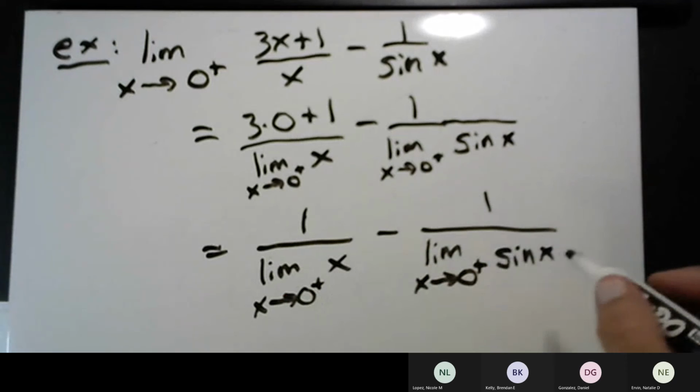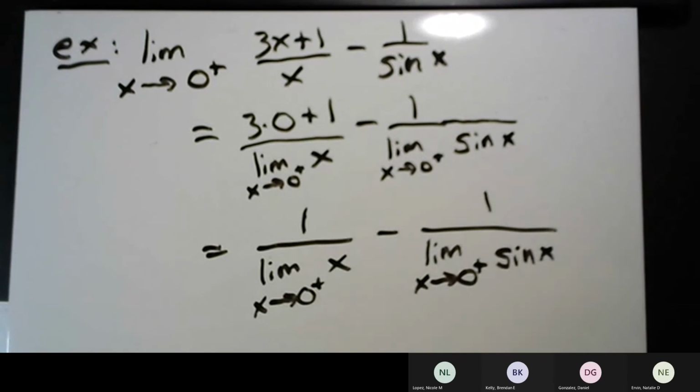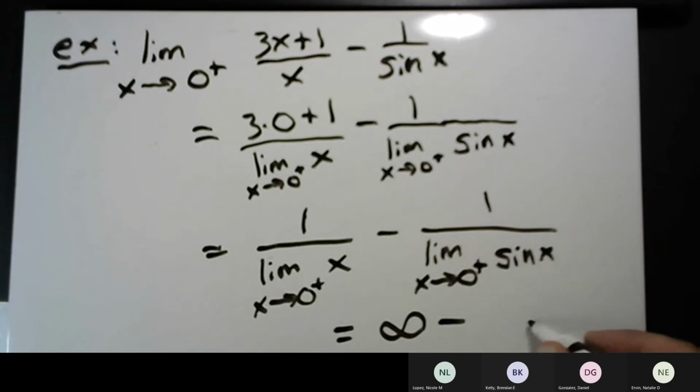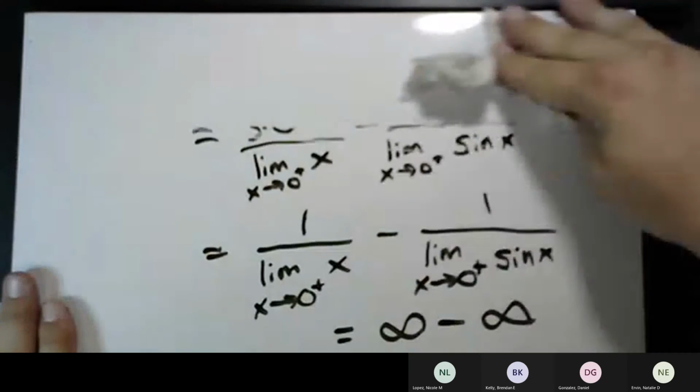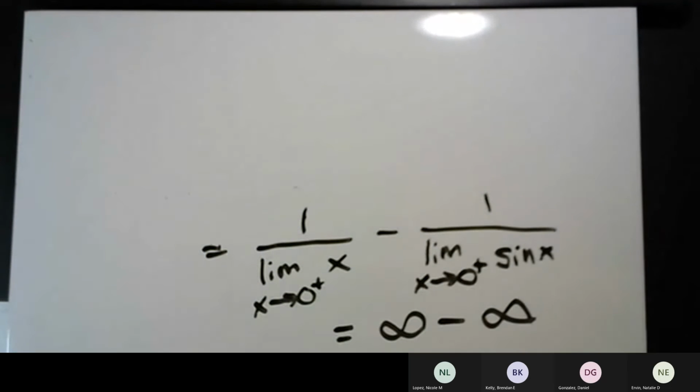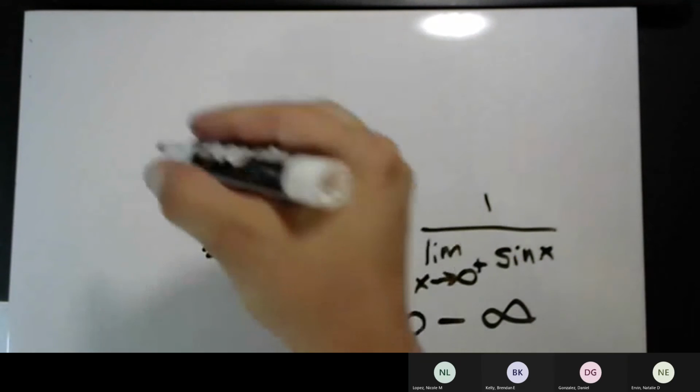This is going to 0, and this is going to 0. What you're going to get is infinity minus infinity. And that's just bad news. So what we're going to do in this case is combine these.